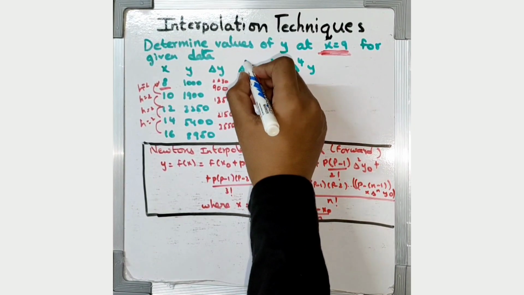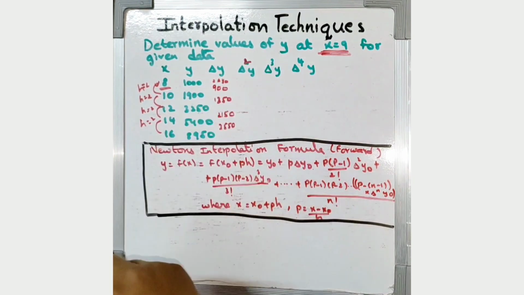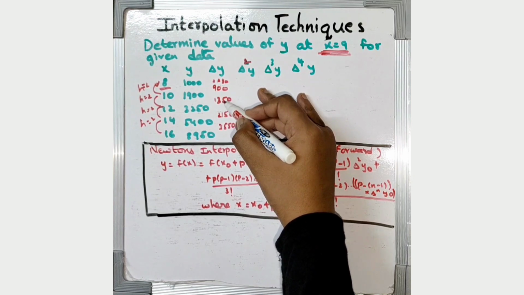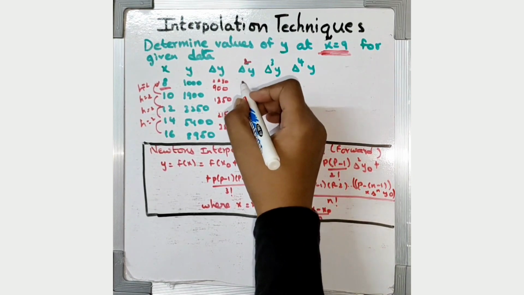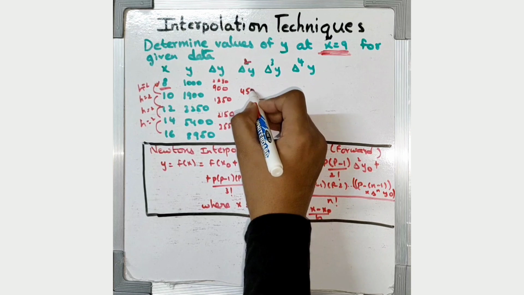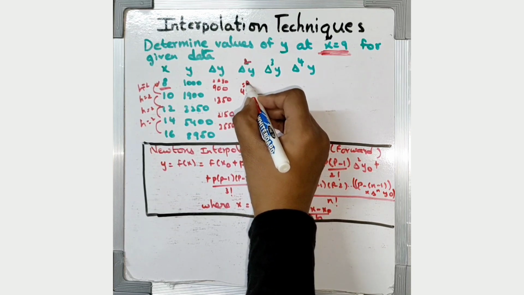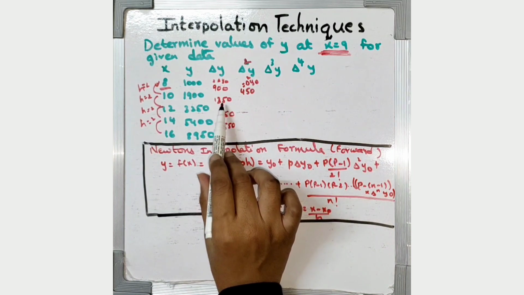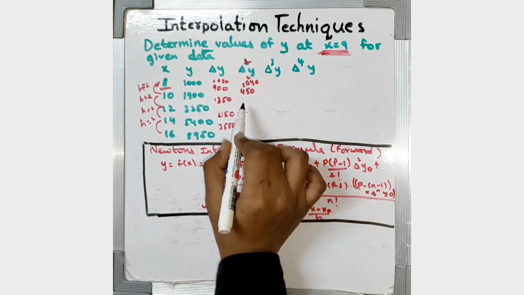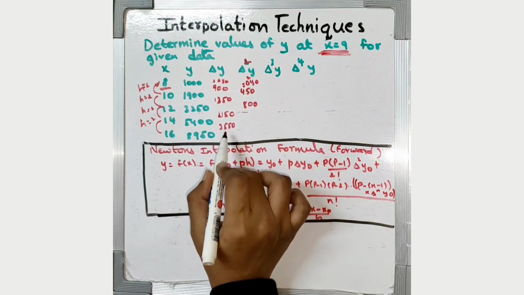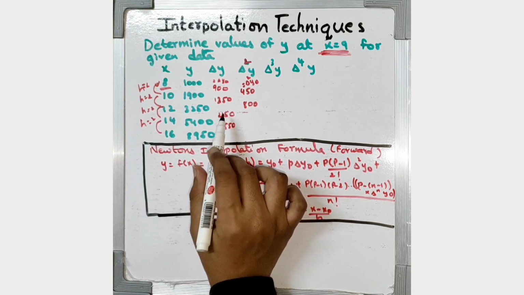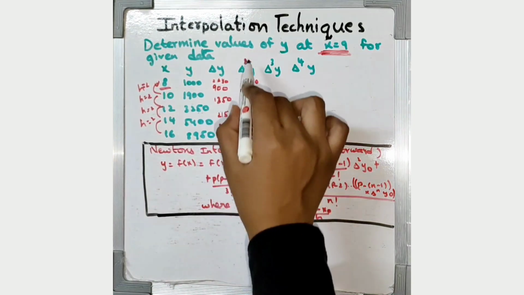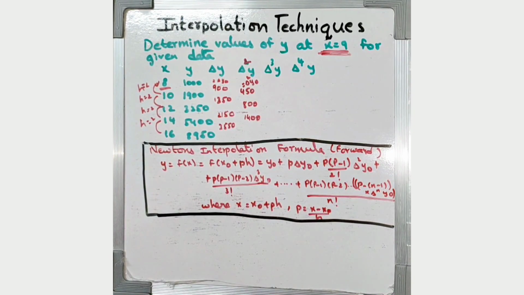Now we go for the second forward difference, which is the subtraction of these. That is 1350 minus 900, which equals 450, and this is delta square y0. Again, 2150 minus 1350, which equals 800. Again, 3550 minus 2150, which equals 1400.